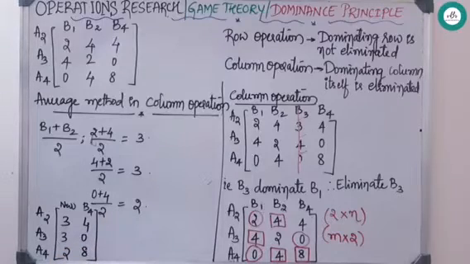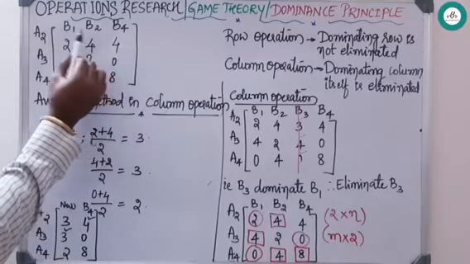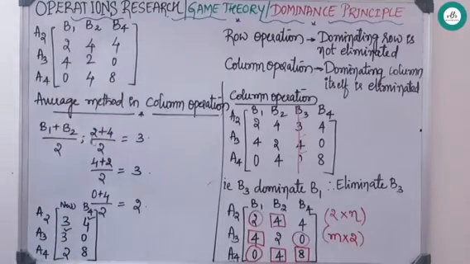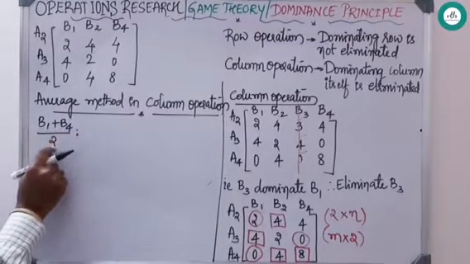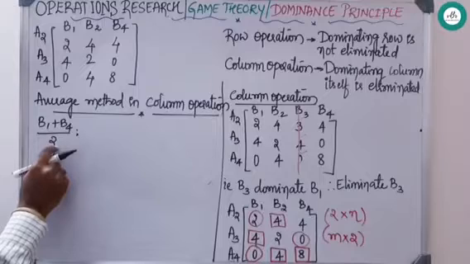Now we shall perform a column operation comparing these two. 3 and 4, 4 is dominating. 3 and 0, 3 is dominating. So again, column operation is not possible with this. We shall try a combination between 1 and 4. So proceeding further, B1 plus B4 divided by 2.